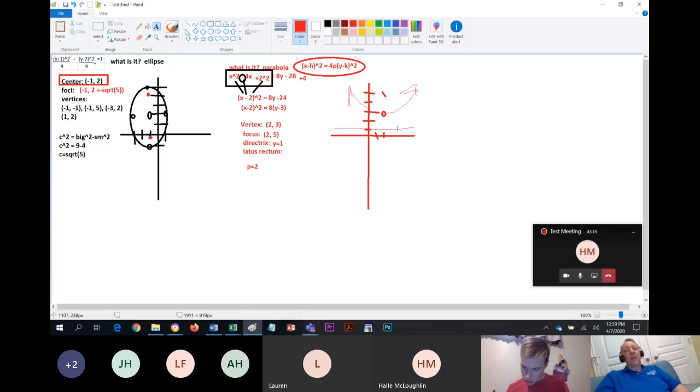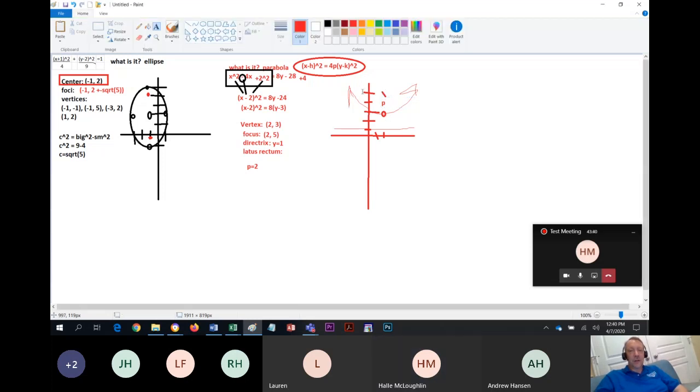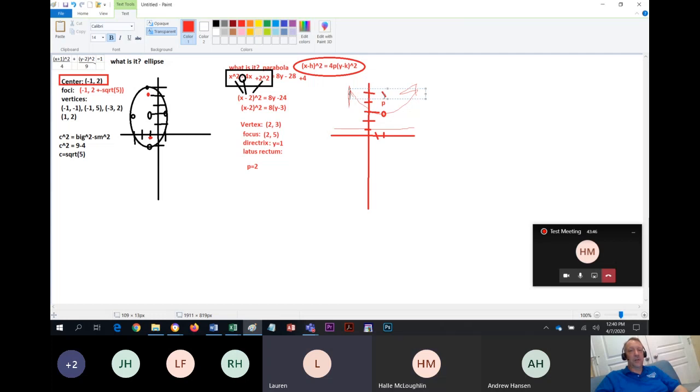All right, so now how does the latus rectum relate to the focus? As I just said, this distance here is p between the vertex and the focus. What is the distance between the curve and the focus? 2p. 2p, okay?